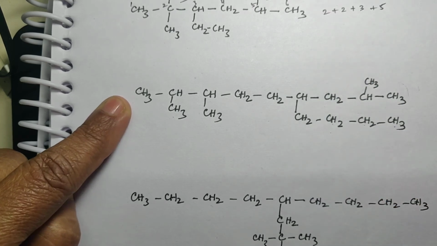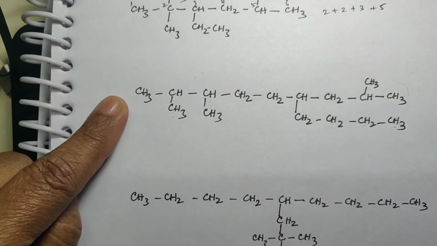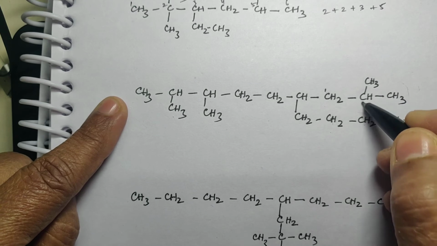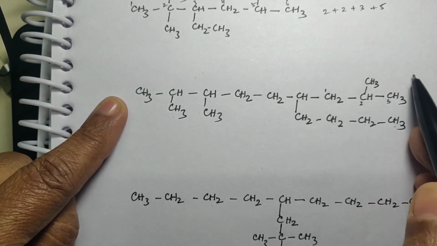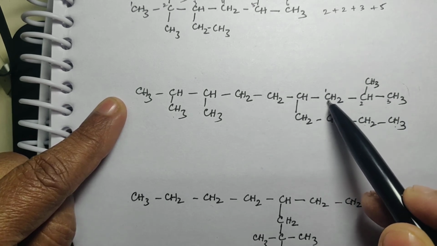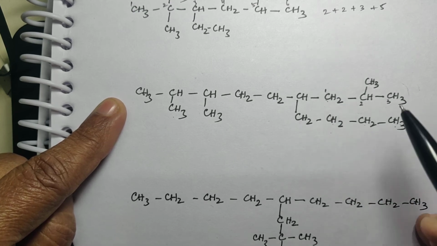Now how do we have to name this branch? Now, the carbon which is attached to the main chain is numbered 1. 1, 2, 3. Okay. So this is the complex branch, the bigger one. And the carbon attached to the main chain is always numbered 1. So 1, 2, 3.